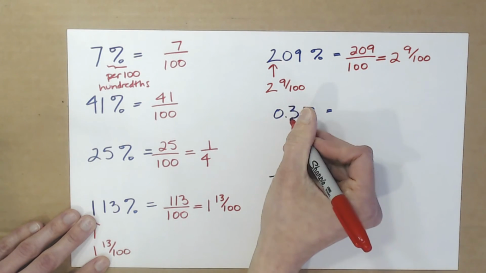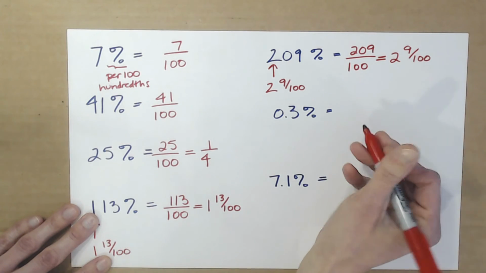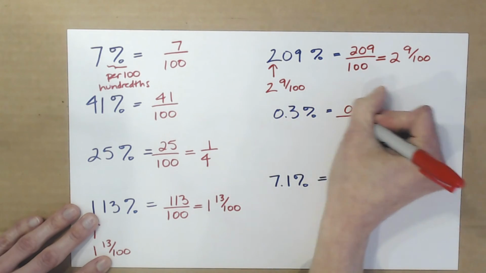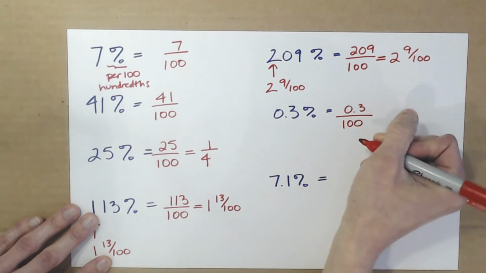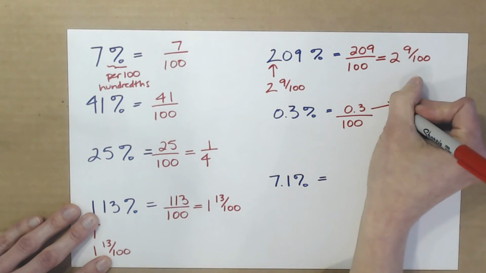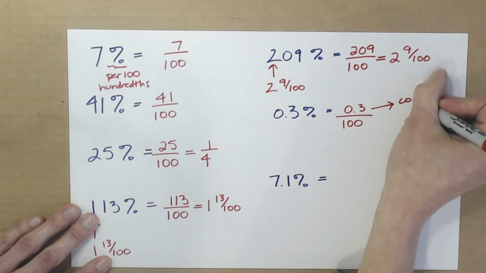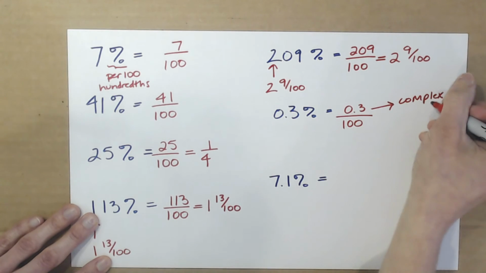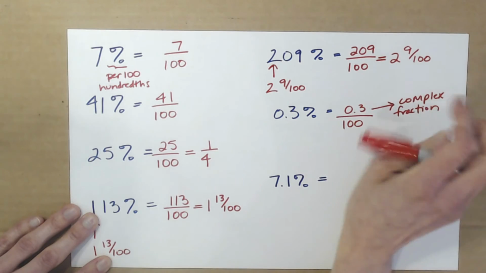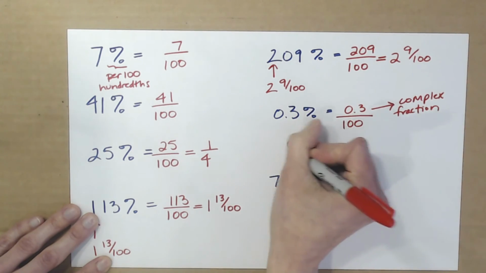The next one says 0.3%. Now we have a decimal percent. But again, don't let that bother you. Just think of it as 0.3 over 100. The percent still means hundredths. But now we have what is called a complex fraction. And a complex fraction is a fraction within a fraction, or a decimal within a fraction. We don't want to leave our answer as a complex fraction.